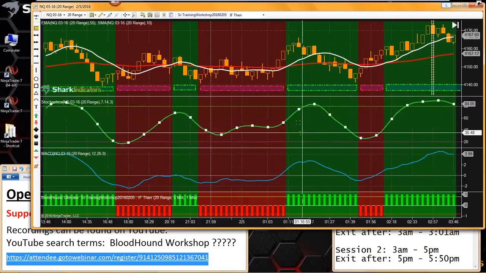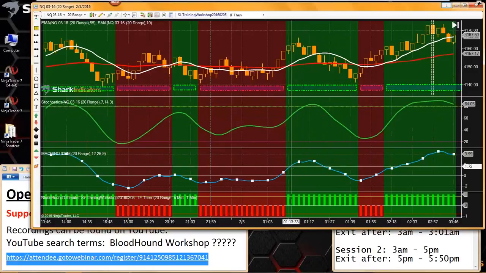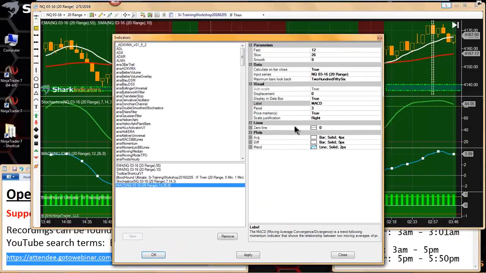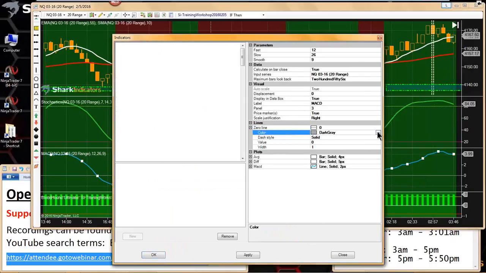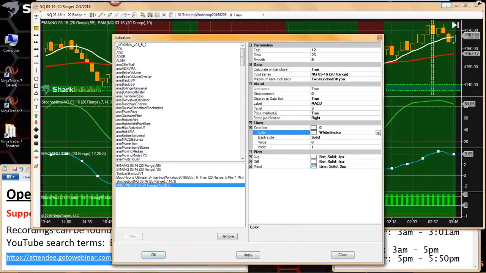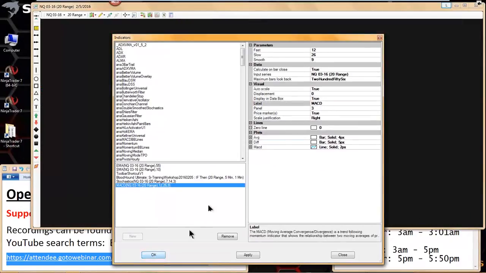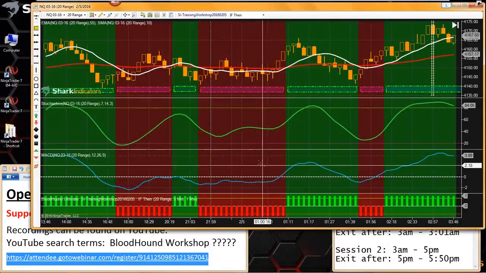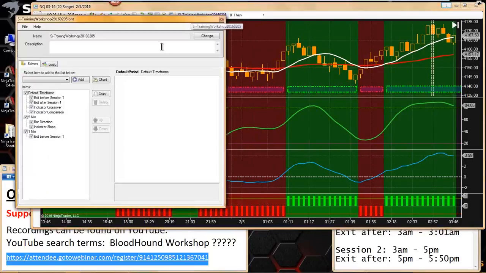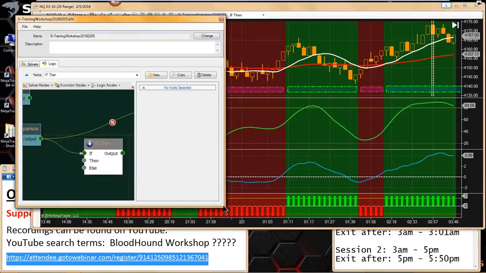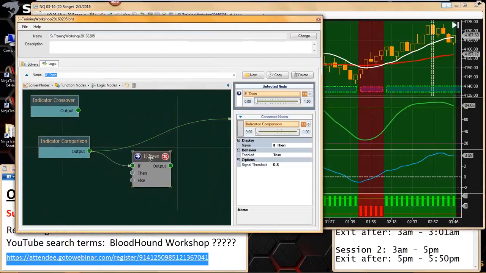I've got a stochastics and a MACD on here, and I'm going to brighten up the 0 line on the MACD. Okay, so I'm going to make some solvers that we can connect into the then and into the else.